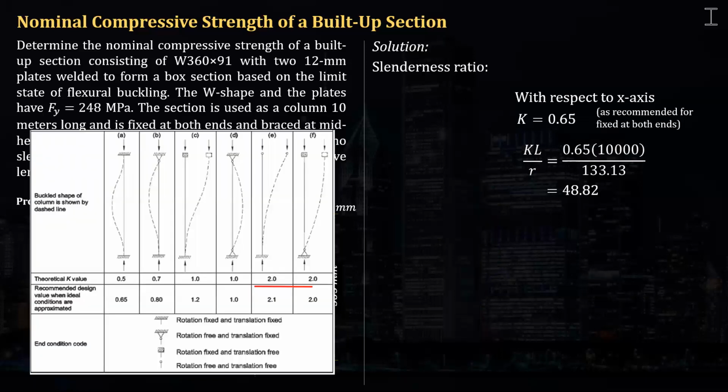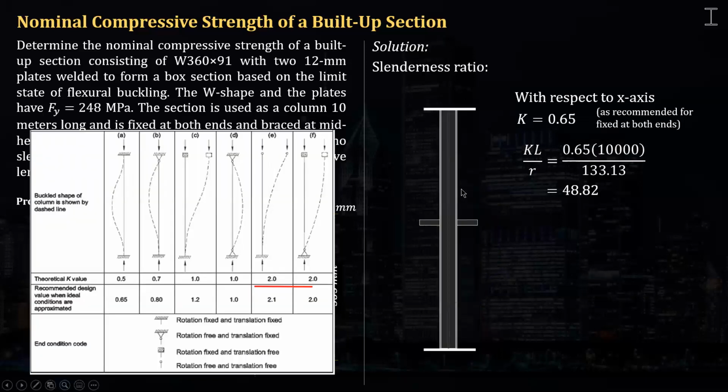Now, with respect to Y, there is a lateral bracing, right, with respect to the weak axis, or the Y axis. So that means its flexural buckling would be like this. Okay? So since it's fixed here, it goes like that. Now, here, the bracing must be considered like a pin, okay?